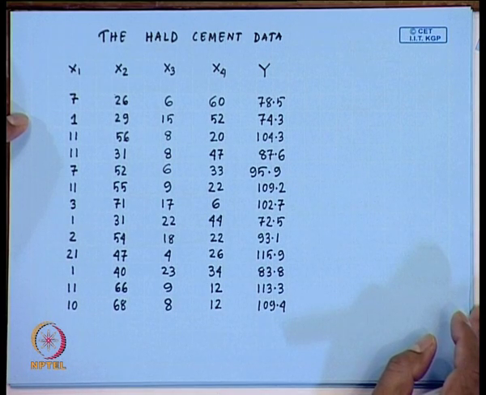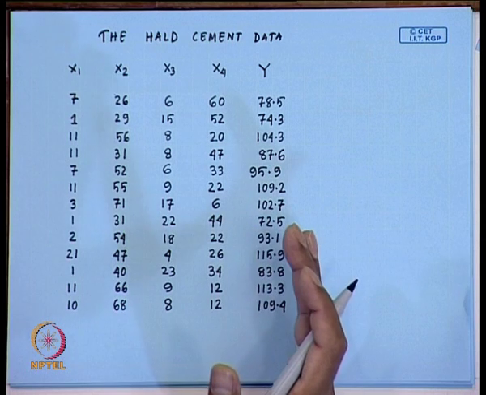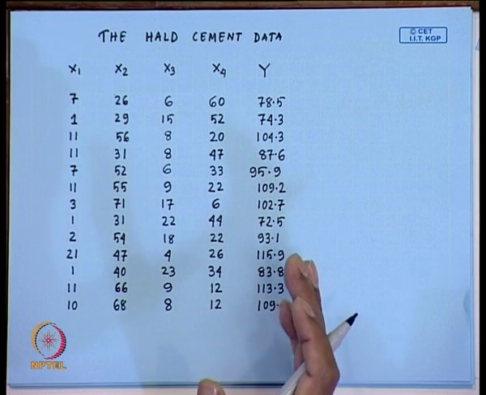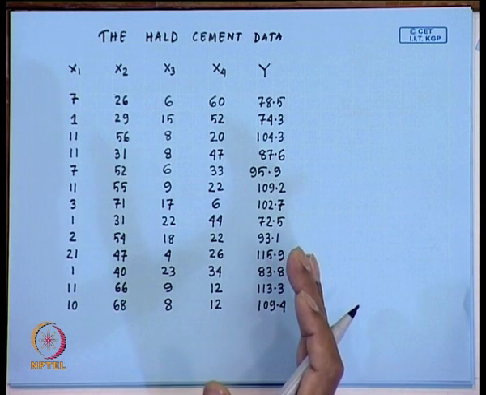Now here we have 4 regressor variables, and you may think that all the 4 regressor variables are not significant to explain the variability in y.